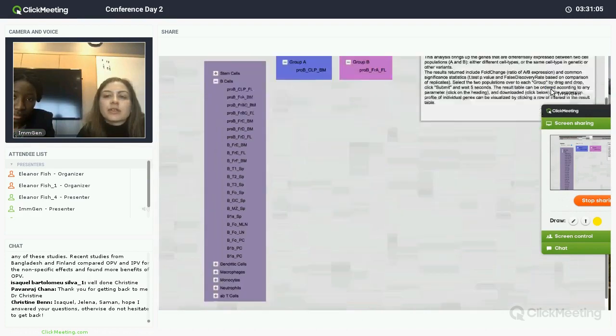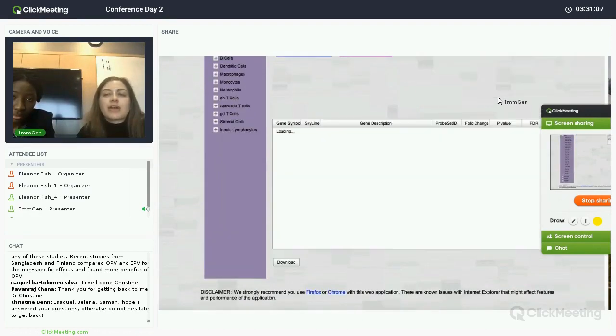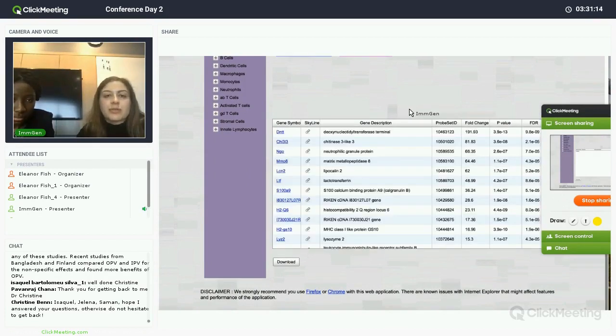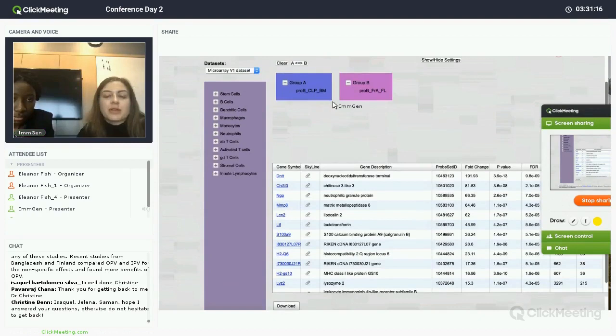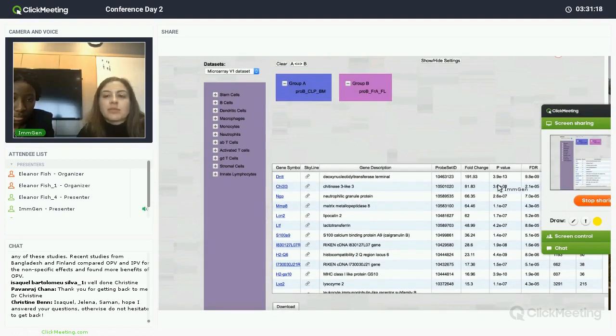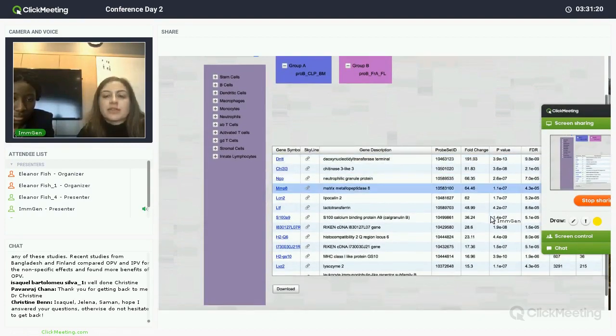So just click submit, and in about 5 seconds you'll receive fold change values of gene expression between the two populations you dragged and dropped up here. And it even will give you p-values of statistical significance.